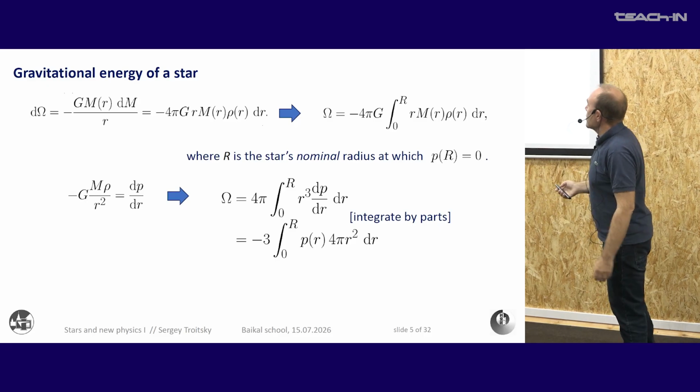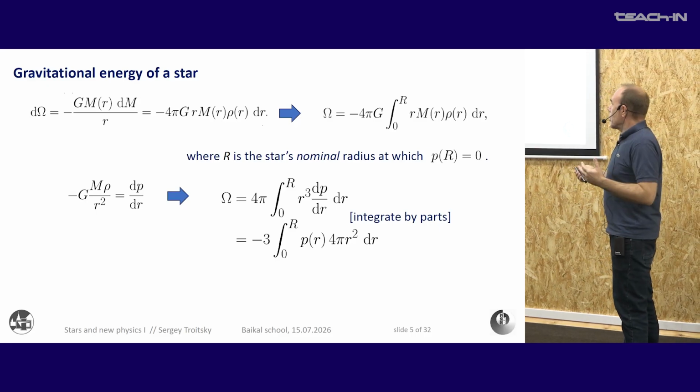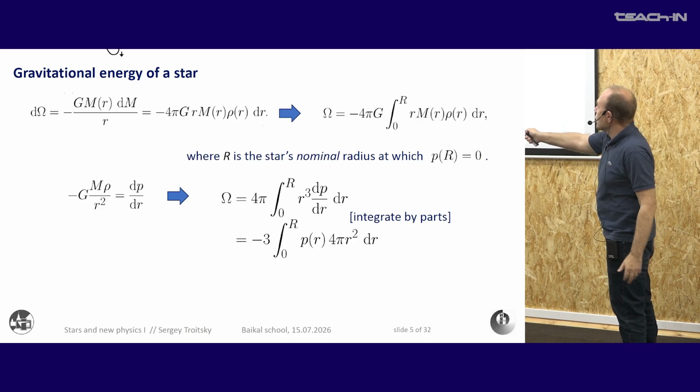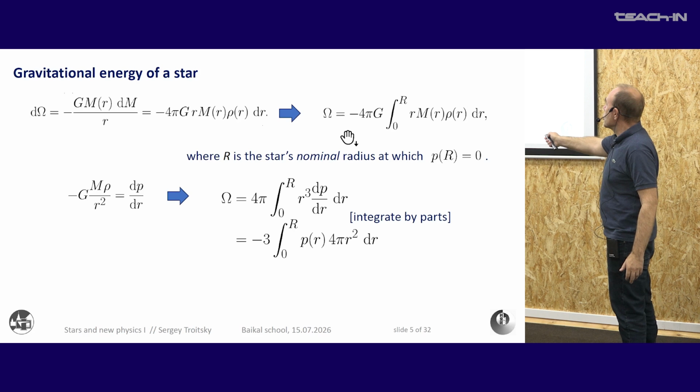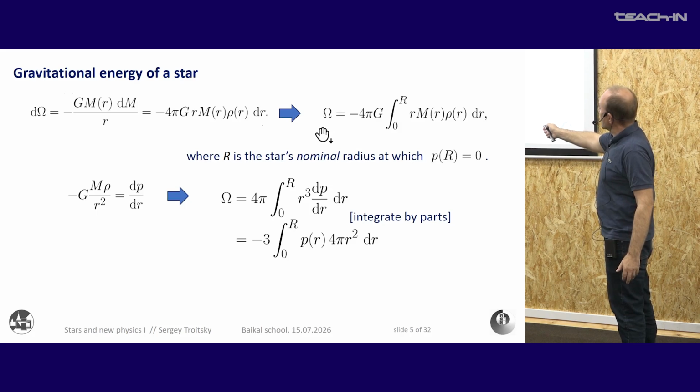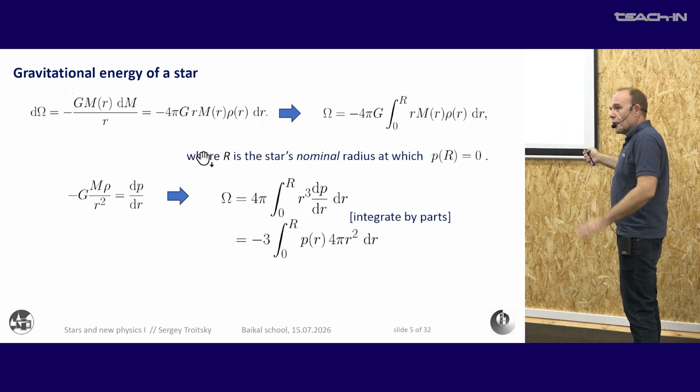And this is nothing but the total gravitational energy of the star. For each thin shell, following the notations of Weinberg, I call it a capital omega, which is probably not the best idea, but okay.